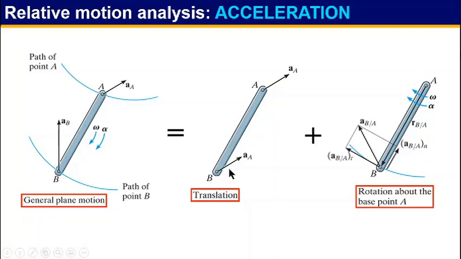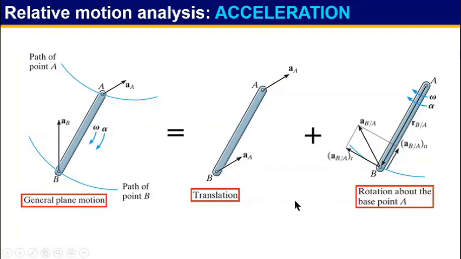So guys, at this point B, we have AA and we also have ABA, which consists of ABAT and ABAN. Thus, the equation for acceleration at point B is equal to AA plus ABA.